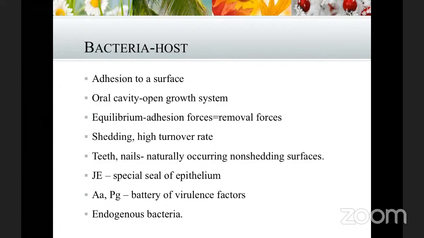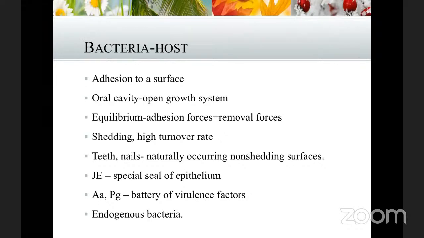They all remove the bacteria. So there is a proper equilibrium between adhesion forces and removal forces. This high turnover rate of shedding of the epithelium is also a defense mechanism. But hard surfaces, like teeth, nails, and naturally occurring different implants, are naturally occurring non-shedding surfaces.